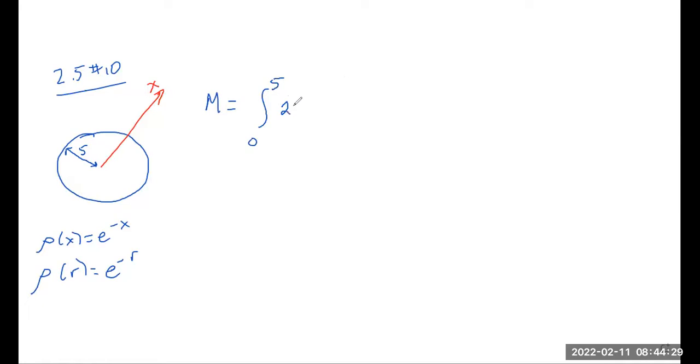We're going to have 2 pi x, right? So 2 pi r times the density, times e to the minus x dx. So that's what this should look like.